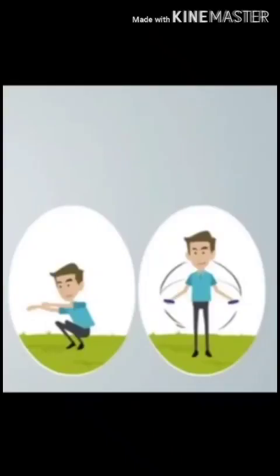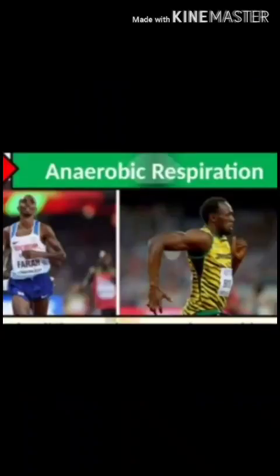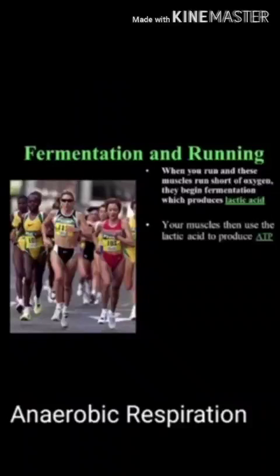Children, sometimes during heavy exercises such as long distance running, our body cannot get enough oxygen to produce the required energy. So to get the additional energy, anaerobic respiration occurs within our muscle cells. And in this process, there is partial breakdown of glucose to produce lactic acid.